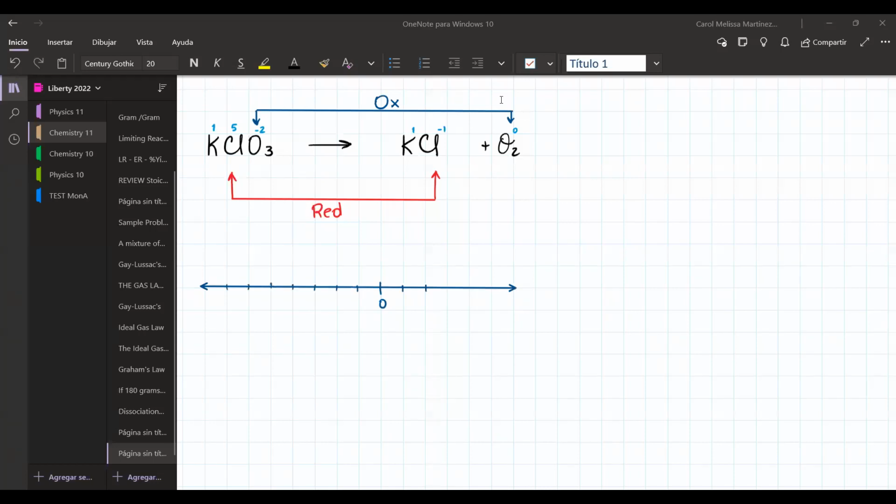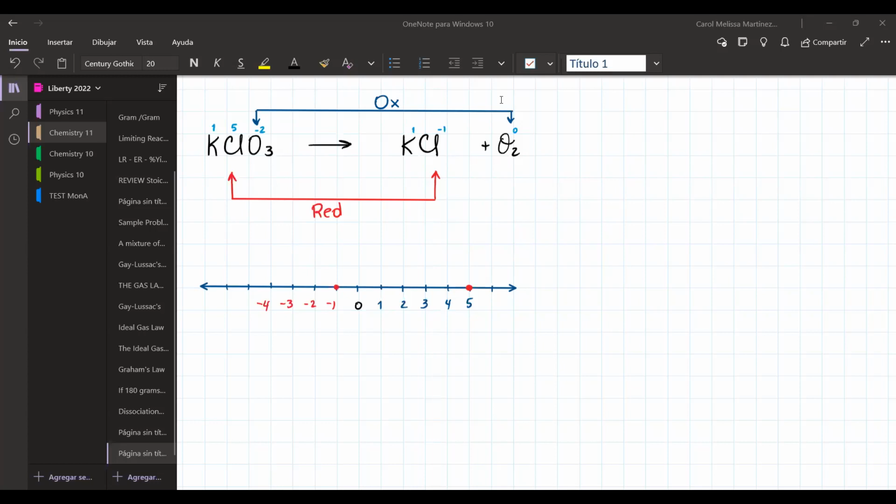So this is 5, 4, 3, 2, 1, 0, -1, -2, -3, -4, etc. I have reduction because first chlorine was located here in the position 5, and afterwards it ended up in the position -1.